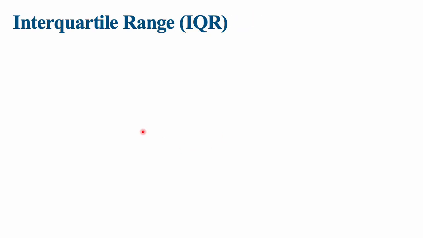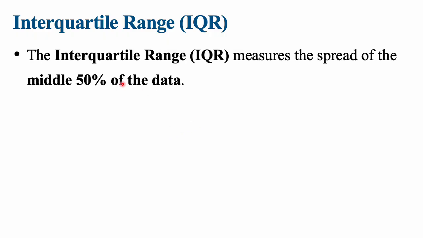So now I'm going to define the interquartile range first, before we talk about potential outliers. What is the interquartile range? The interquartile range measures the spread of the middle 50% of the data. In previous slides I showed the 50% of data is from Q1 to Q3, right?